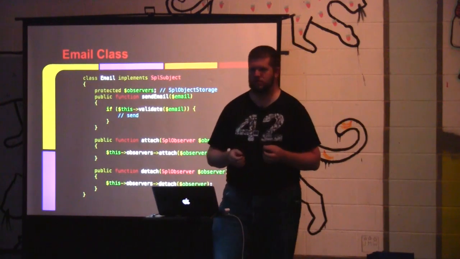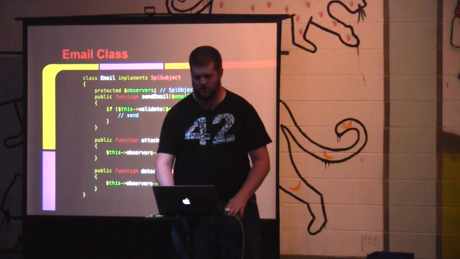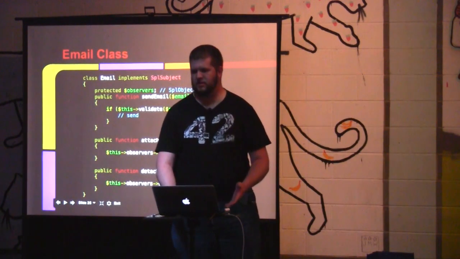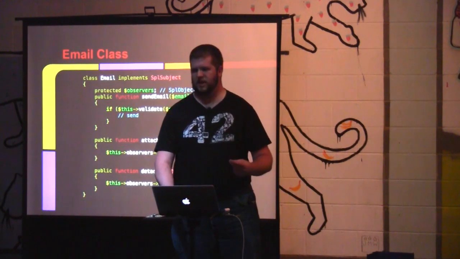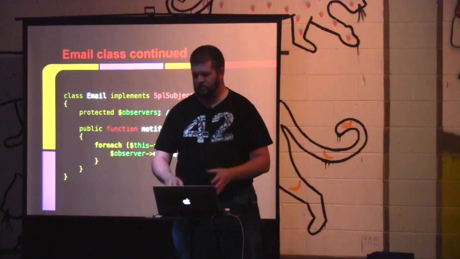And PHP enforces that. You will get a fatal error if you pass in something that is not what I've specified. So I can type hint in PHP on objects and interfaces. I can also type hint on arrays, but as of right now, you can't type hint on primitives like scalars, integers, floats, and that sort of thing. All right, so now we've looped over the observers.